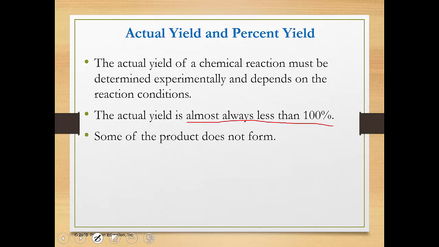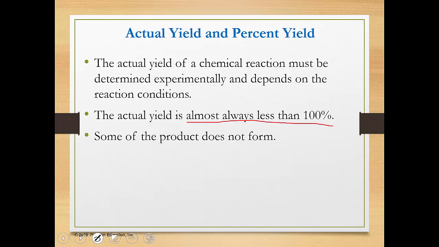Why is the actual yield less? Well, sometimes, even though we theorize that a reaction should go to completion, some of the product may not form. That can be due to other variables that may not be taken into account, such as temperature. Temperature can affect a reaction, as can the concentration of a solution. There's a variety of factors, the atmospheric pressure or the pressure the container is under.